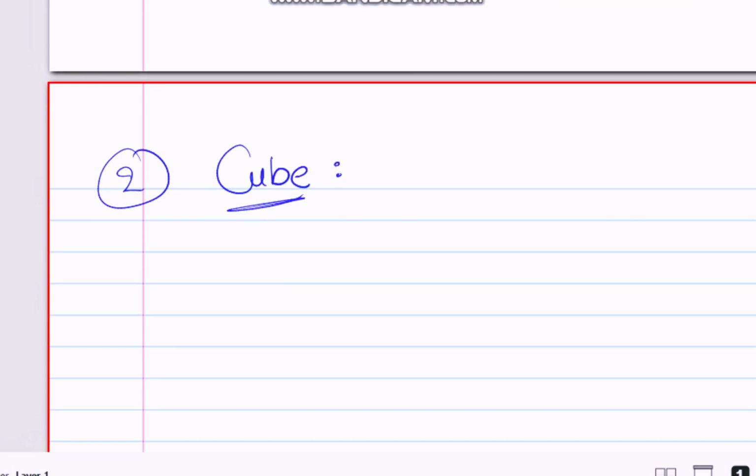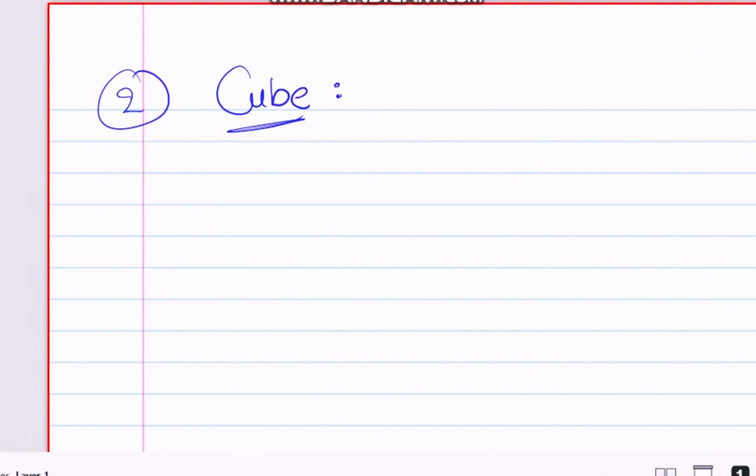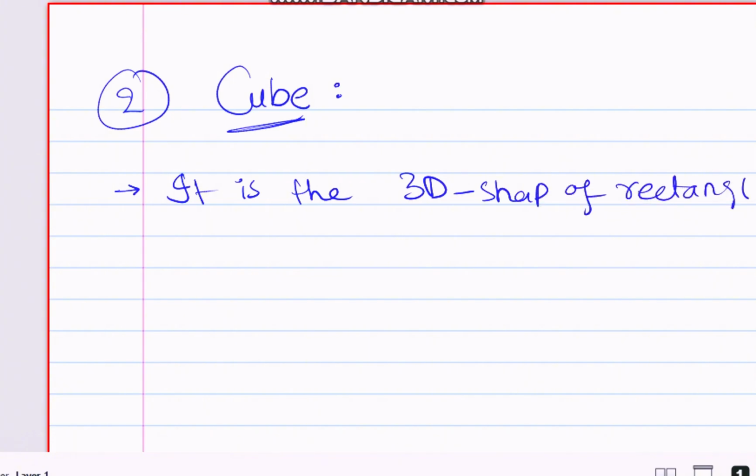Now another shape we will talk about is the cube. Cube is a very good and interesting shape. I'm writing a very important sentence: it is the 3D shape of the rectangle. For example, if the cylinder is the 3D shape of the circle, then the cube is the 3D shape of the rectangle.